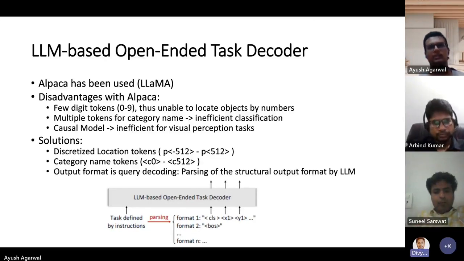You can assume that both of these are essentially dividing the image space into grids. But patches in ViT are on the input side, whereas here you are predicting one of the tokens, so these are on the output side. For input, we don't have to divide it.